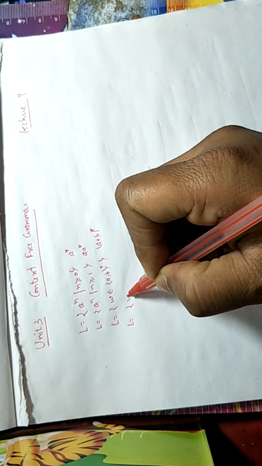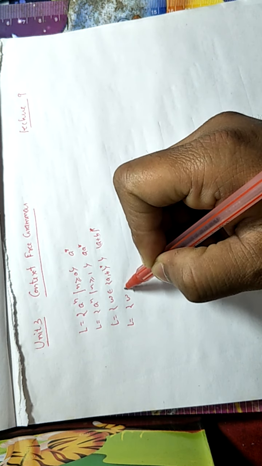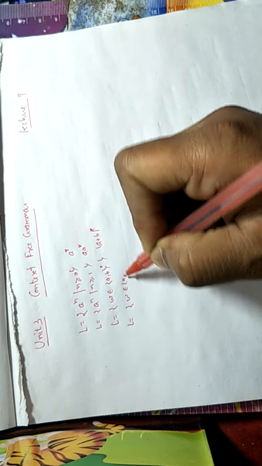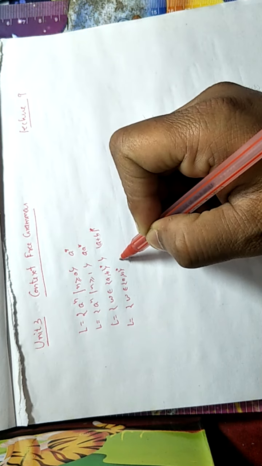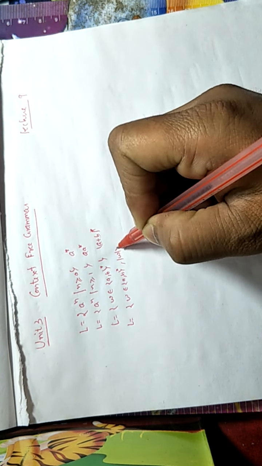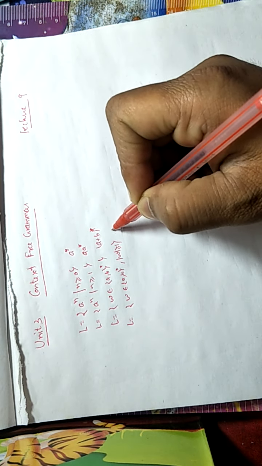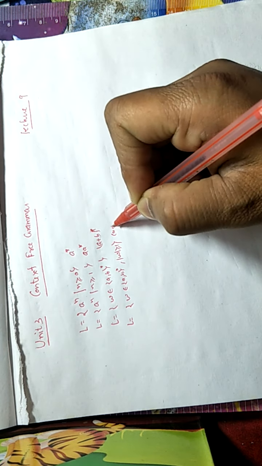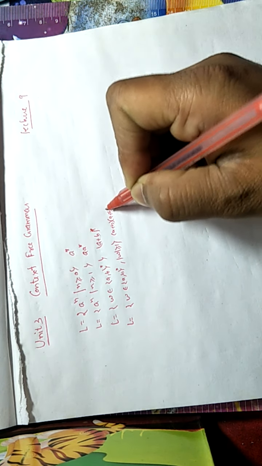L is equal to w over {a, b} star, where length of w is greater than equal to 1, that is (a plus b) then (a plus b) star.